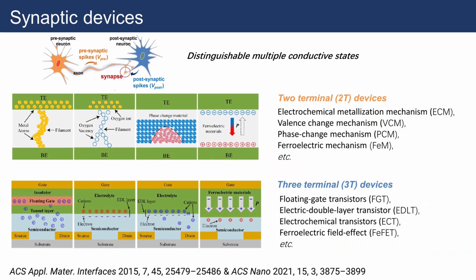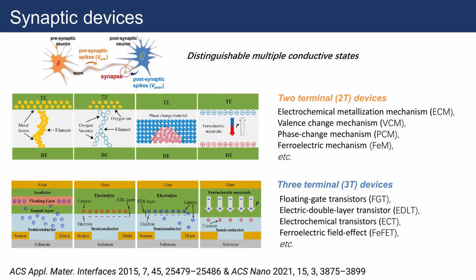So the metallization means that, for example, the top electrode is a metal, and the metal atoms are able to enter the space between the top electrode and the bottom electrode, or between the top terminal and the bottom terminal, and form a metallic channel.